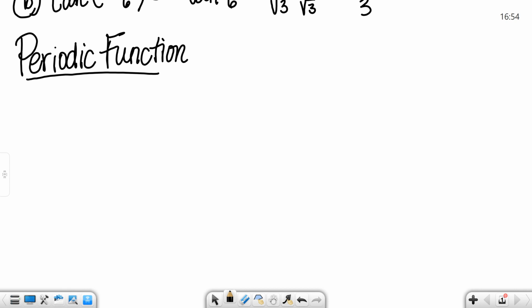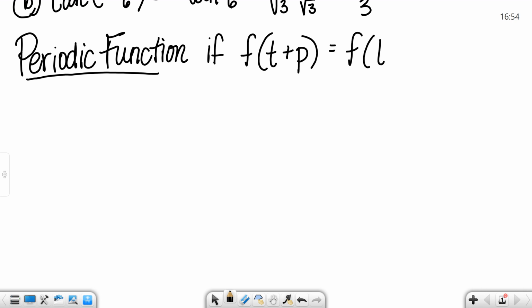All right, so mathematically, this is what that looks like. A function is considered a periodic function if you can take that function and add some radian measure to the theta that you already have, t, and the value that you get out is exactly the same as before you added it. Let me make sure we understand here.